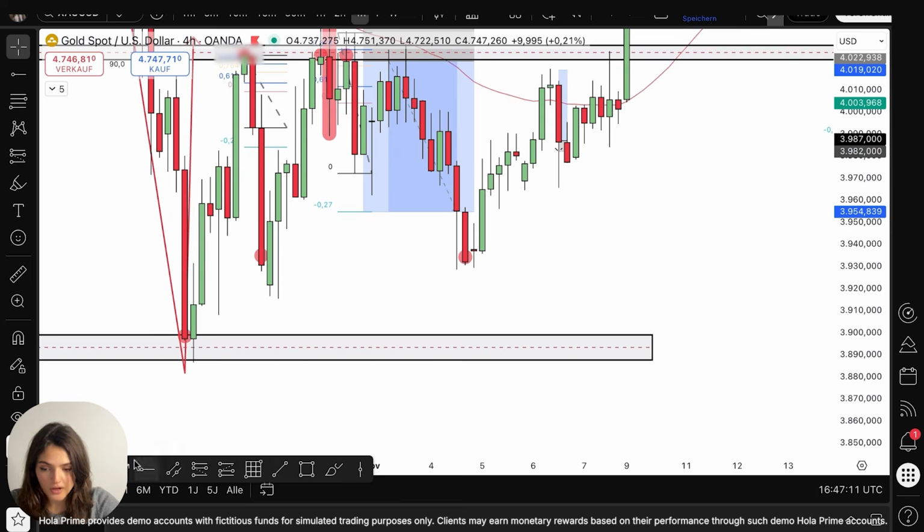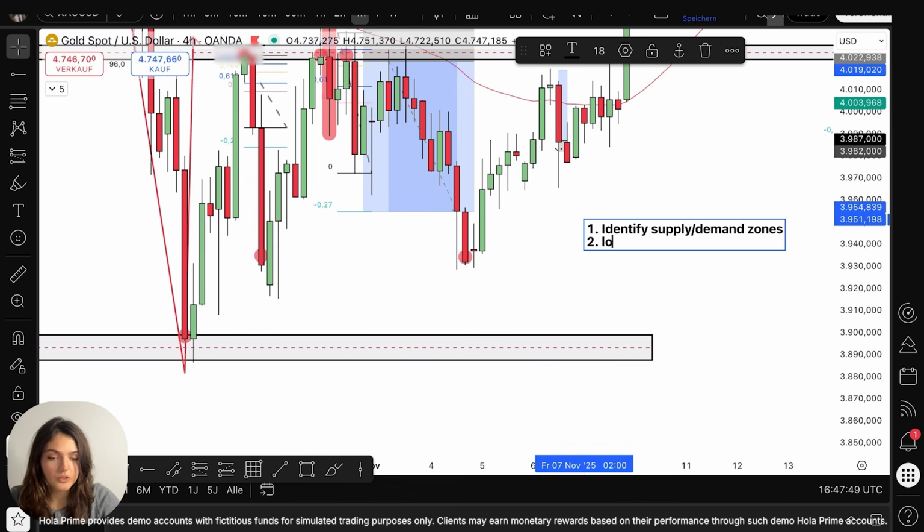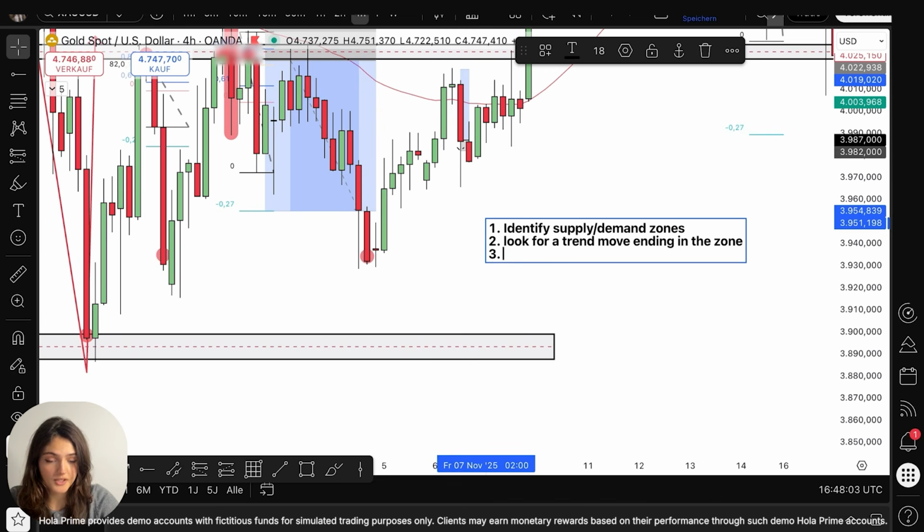Okay, so to wrap it up, let's just write down the exact steps again. Number 1 was identify supply-demand zones. Number 2, look for a trend move ending in the zone. Number 3 was look for your engulfing candle. Number 4, put entry at engulfing opening.